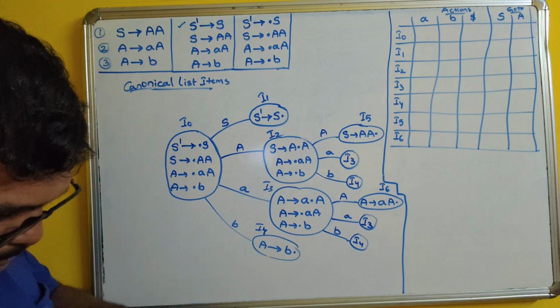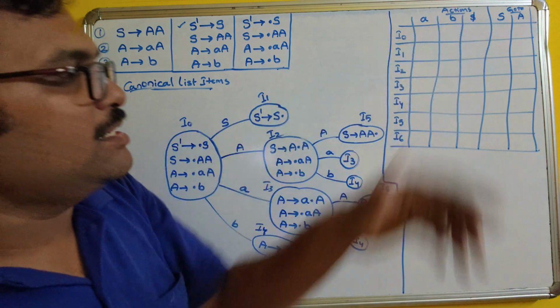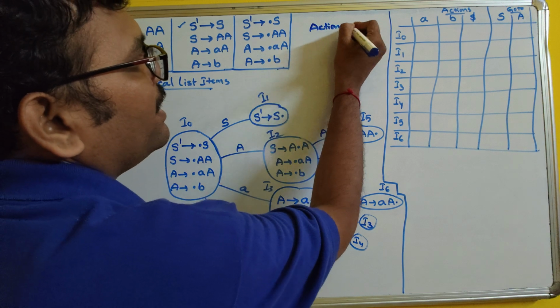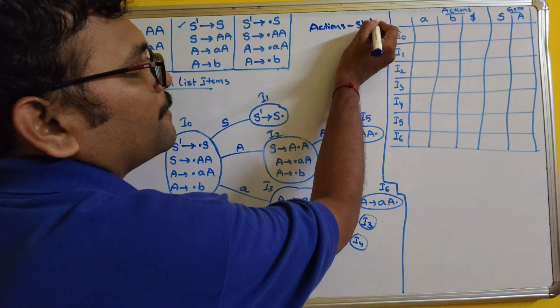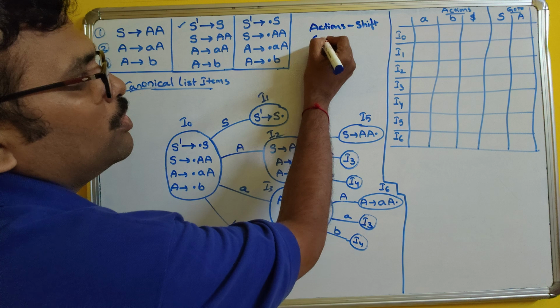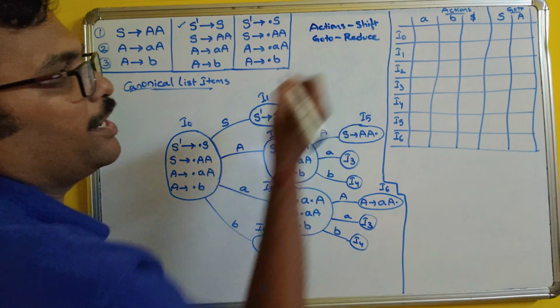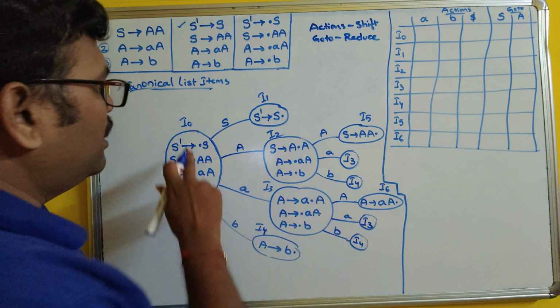Now let us start. In the actions, we have to write it as a shift. In the go to, we should write it as a number. Now start with I0.